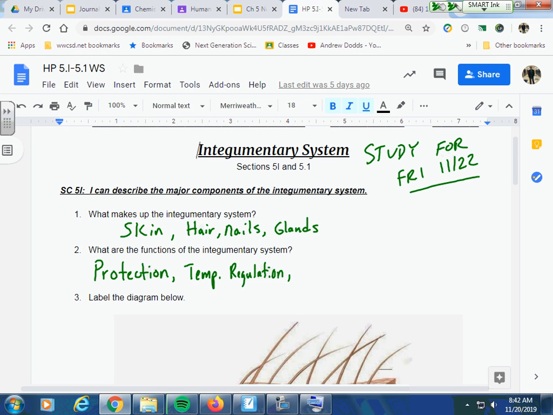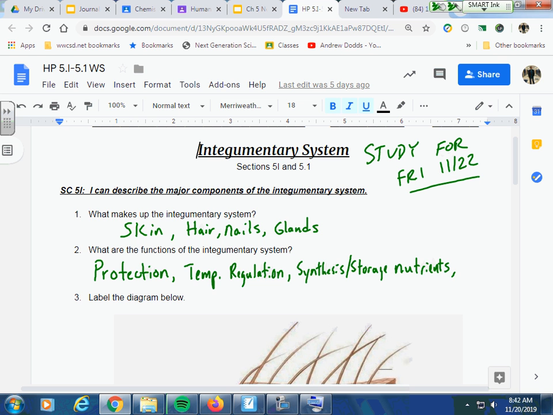Also, nutrients, synthesis and storage of nutrients. Protect the skin now, everybody.